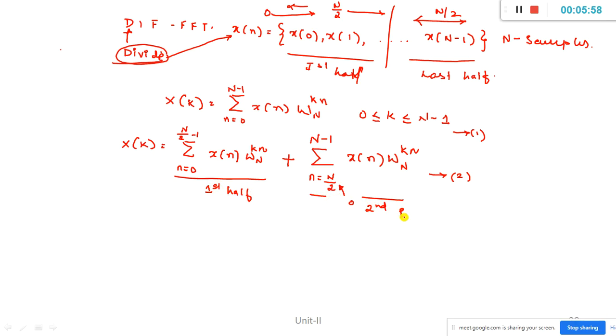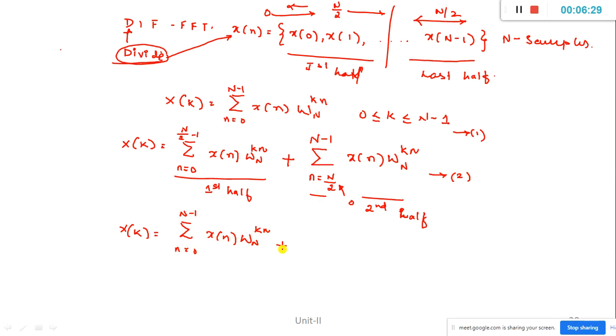All the time my intention is to make sure that the summation should start with 0, because all the standard summations are either from minus infinity to plus infinity or 0 to some value, right? In that perspective, I try to make sure that this is also going to start from 0 to n by 2 minus 1, and the first part remains the same, no change in it.